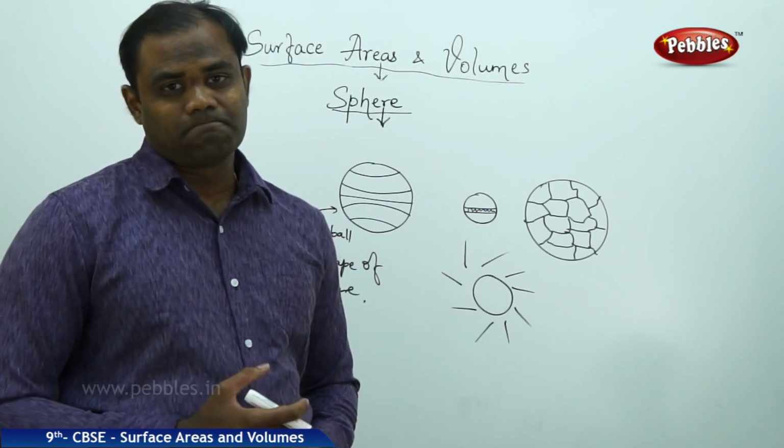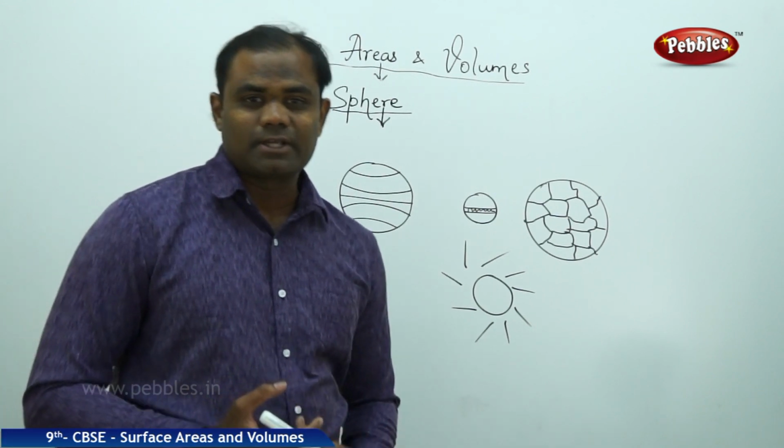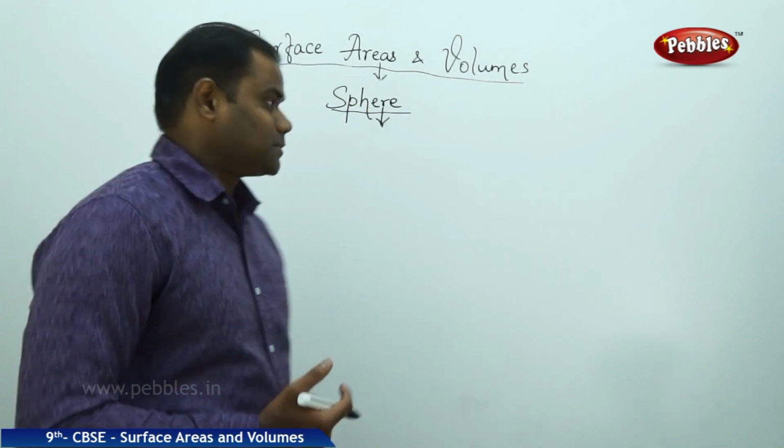But what is the sphere? How do we understand through mathematics? Is what we are going to see in the next session. Now let's define sphere in more mathematical means.